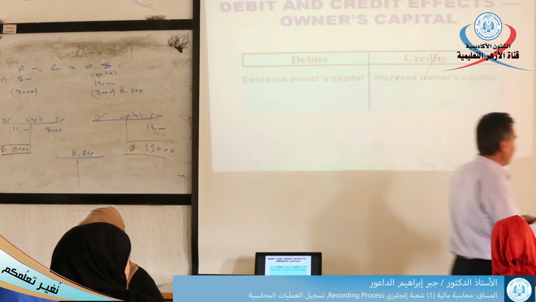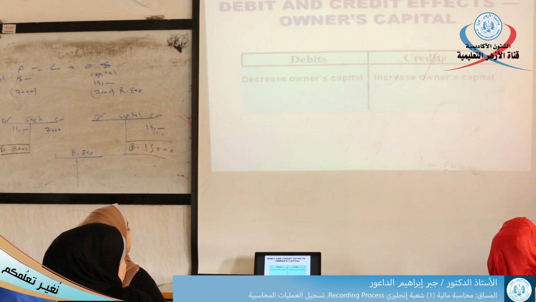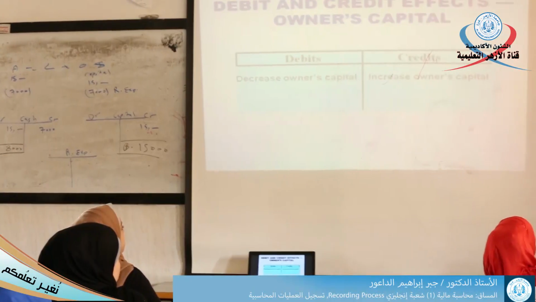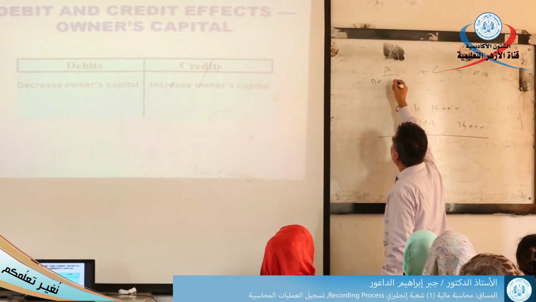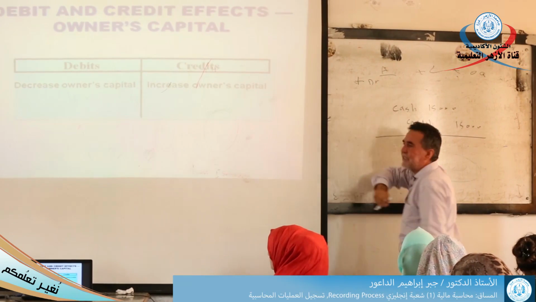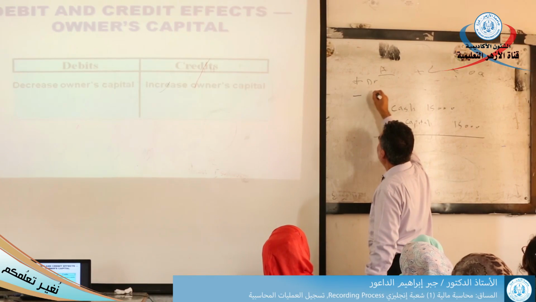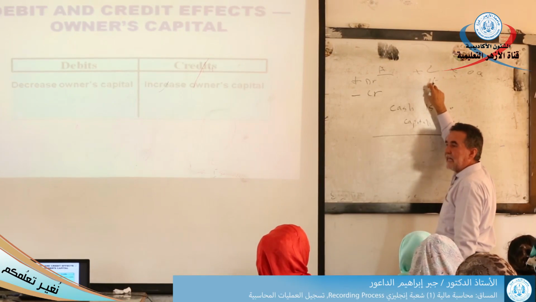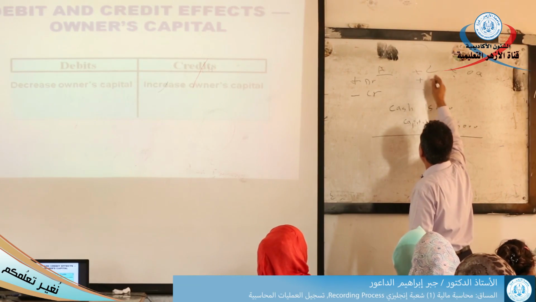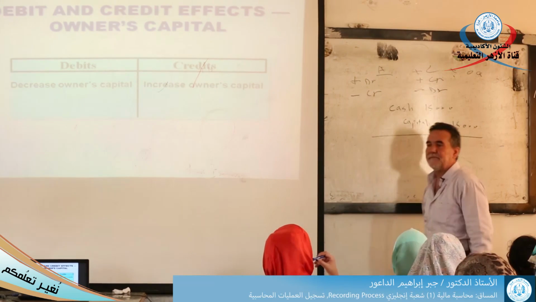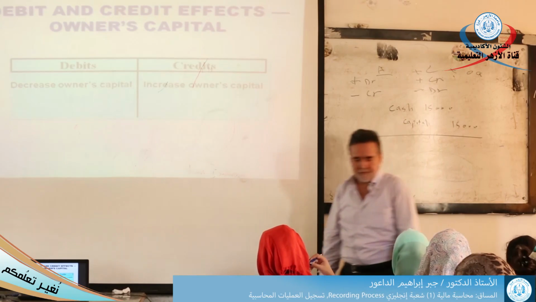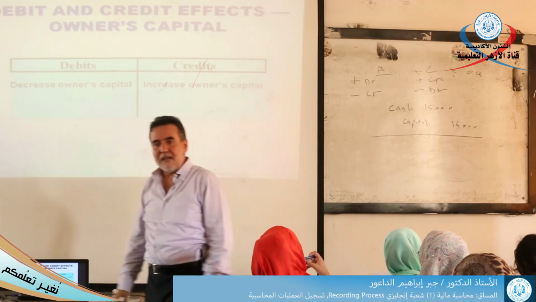As I said here, assets, liabilities, owner equity. Assets: increase DR, decrease CR, whereas the liabilities: increase CR, decrease DR. Okay?